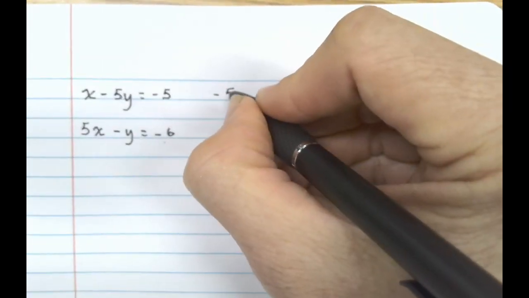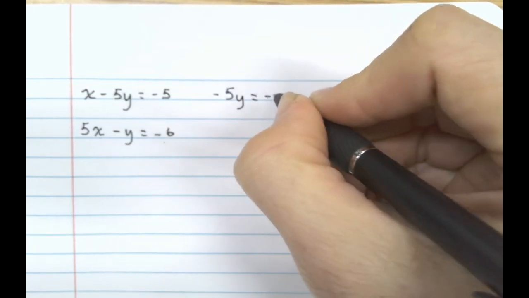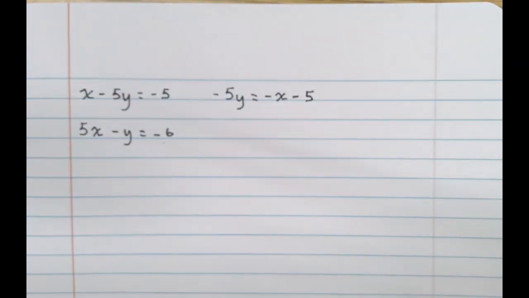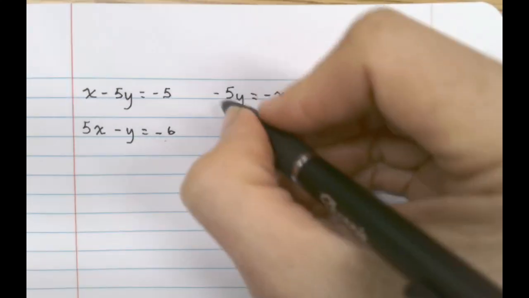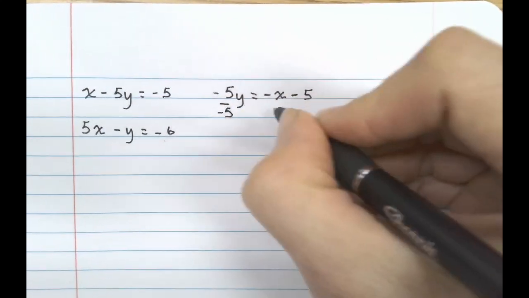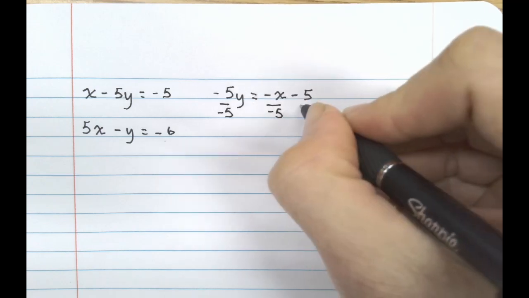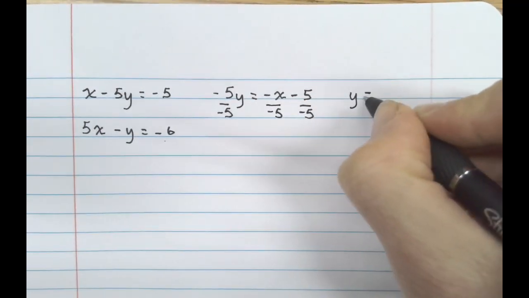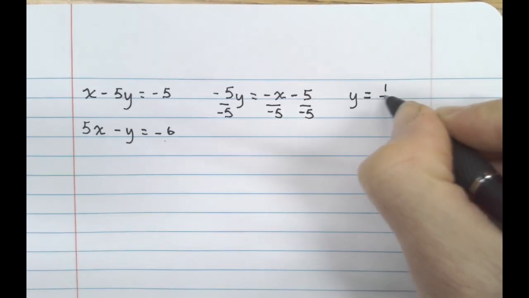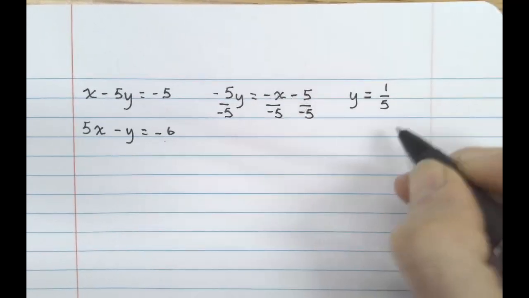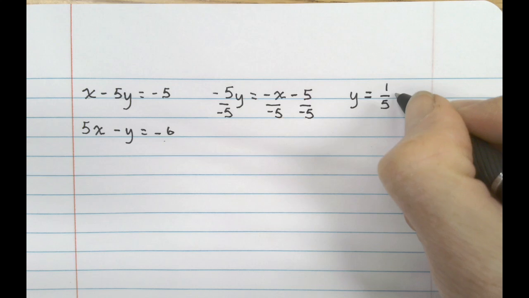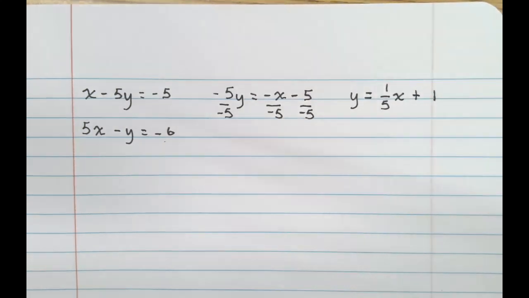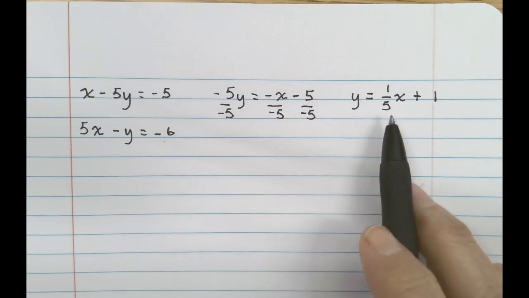All I have to do is just change the sign to a minus x, bump it over like that, divide everything by a minus 5, and now I can see that what I'm going to be left with is y equals a positive 1/5, right? Because a negative divided by a negative is a positive. 1/5 x plus 1. Okay. So I can see the slope is 1/5 for this guy.